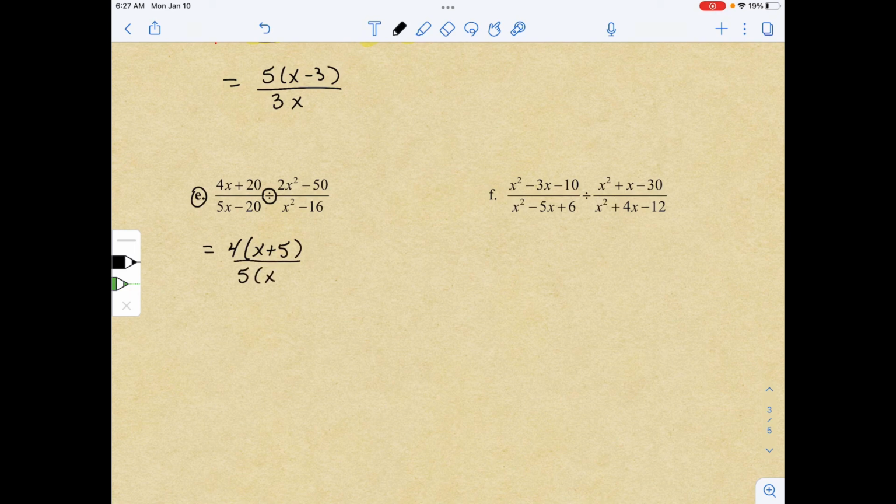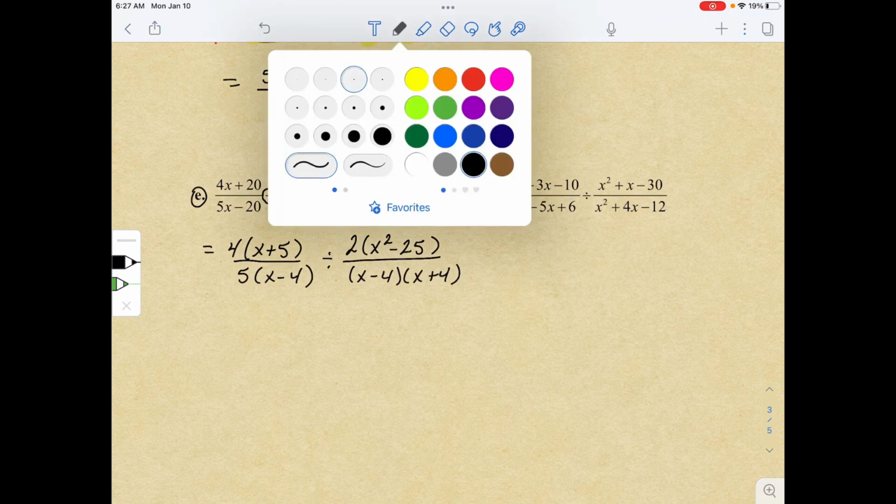Our denominator, we can take a 5, and we get 5 times x minus 4. I'm just going to leave this as a divide for now. I'm going to factor my 2 out, and I get x squared minus 25 on my numerator, that GCF of 2, and our denominator is, of course, a difference of squares, x minus 4 times x plus 4.